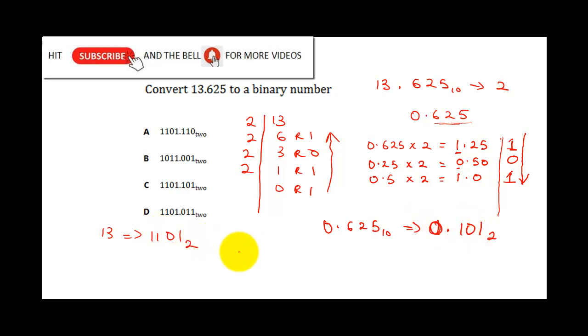So our final answer, 13.625 base 10, is going to give us 1101.101 base 2.